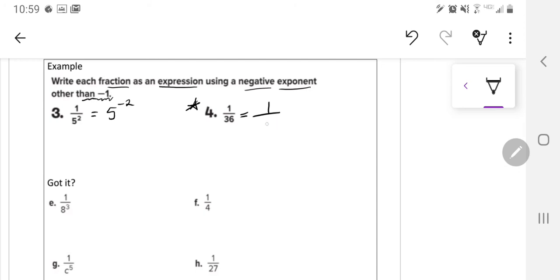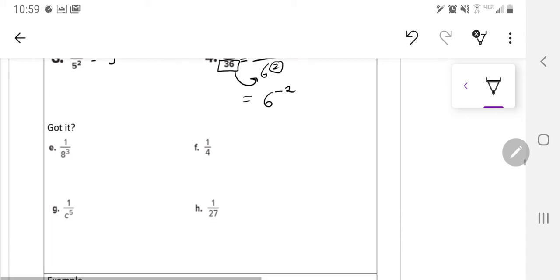If you realize that 6 times 6 is 36, then you're on the right track. We can rewrite that as 6 squared. So we're going to rewrite something that's not a power as something that is a power. And then we can take its reciprocal and change the exponent to its opposite. So 6 to the negative 2 is the answer.